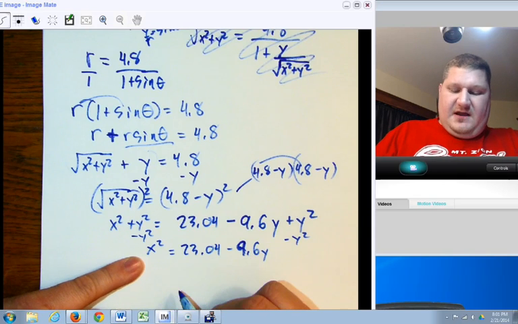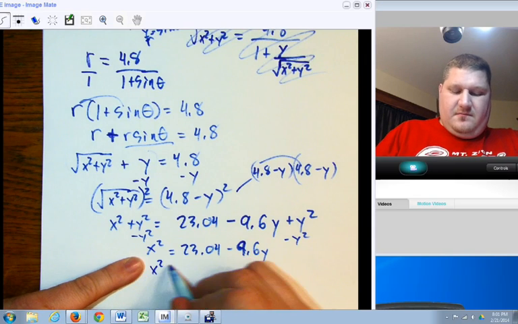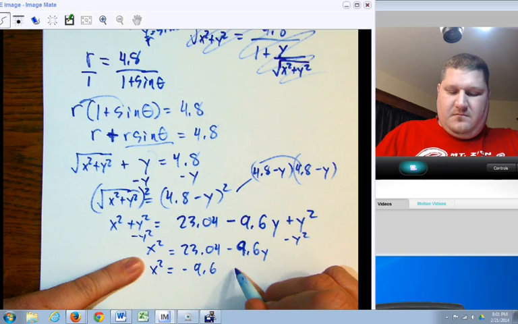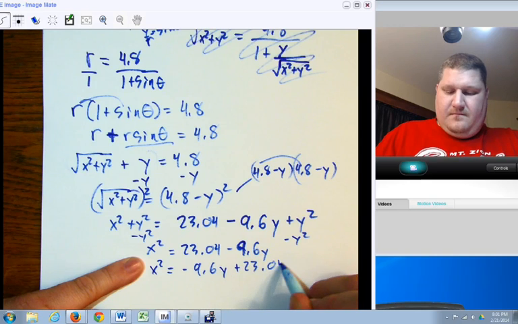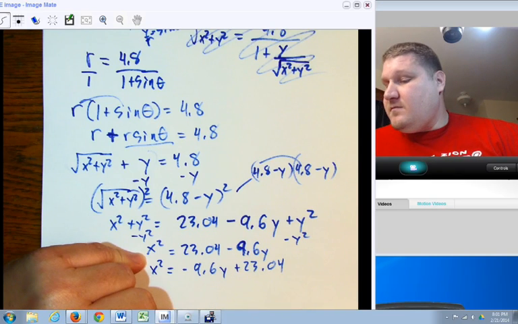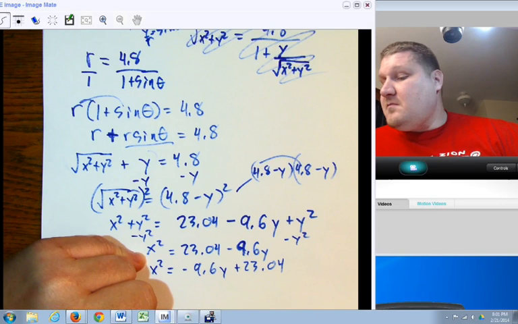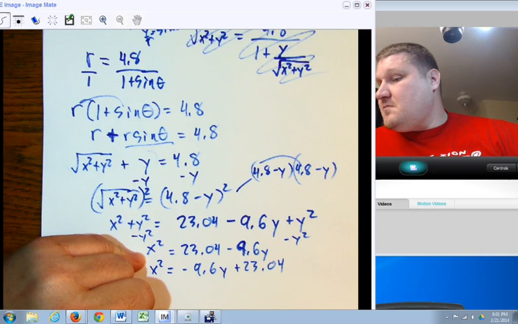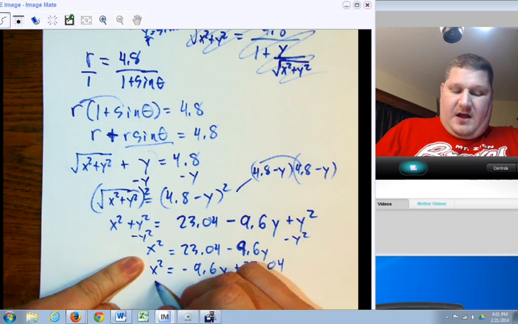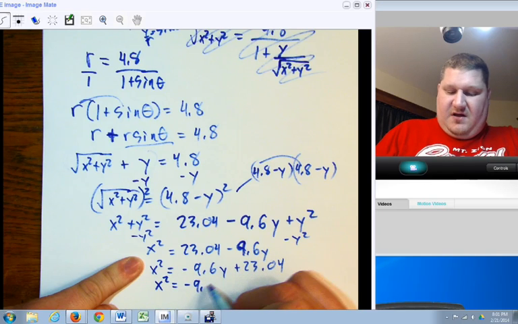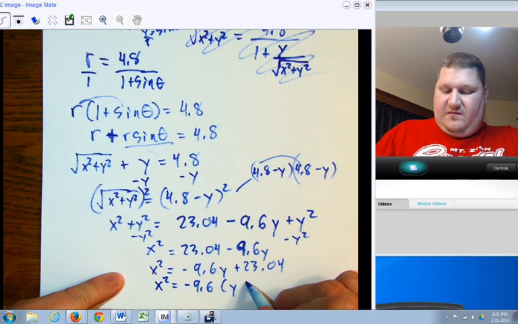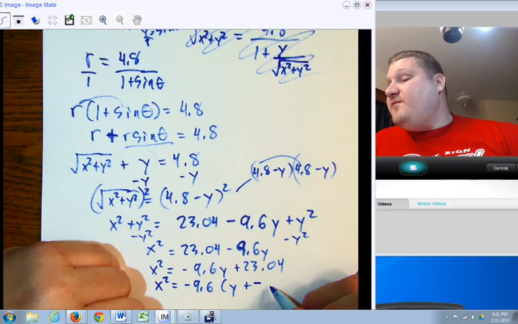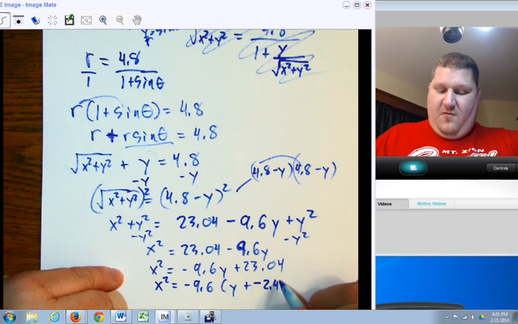If we wanted to make it a bit more standard, I could even take out the negative 9.6. And that leaves y, take out a negative, so it'll be negative 2.4.